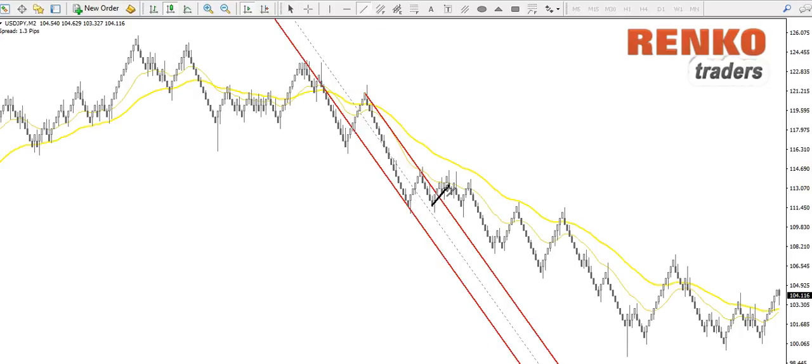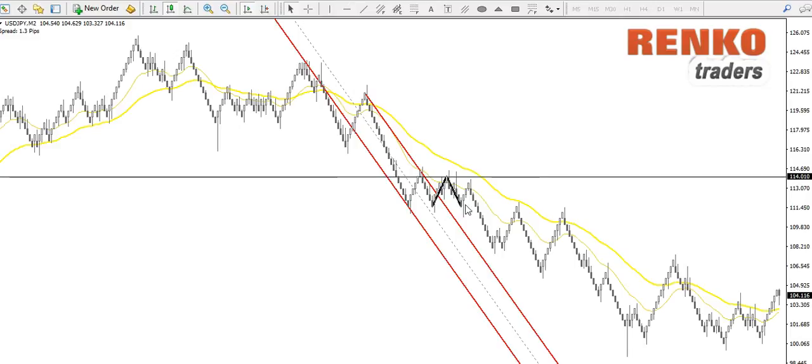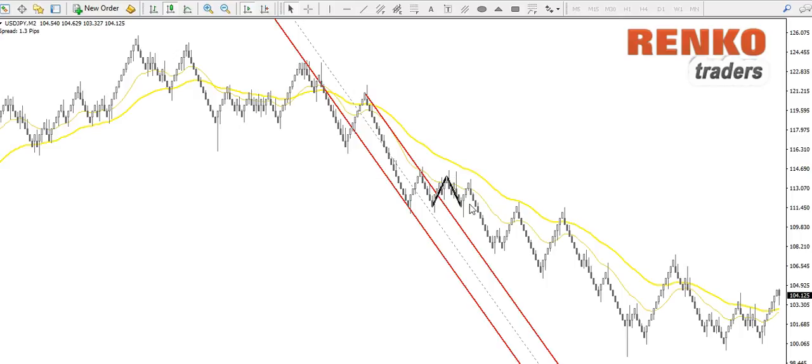In this case, you had a failure and then a breakout, and then you had a retracement, but price did not break out higher. So this was a setup that would have probably expired.